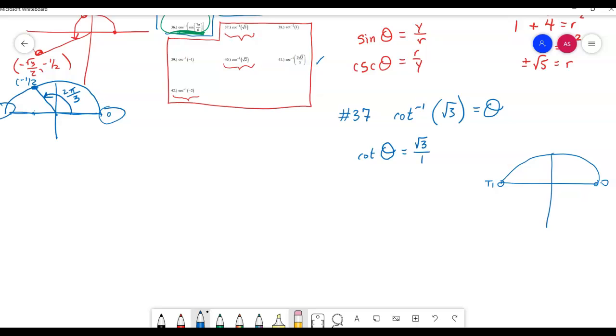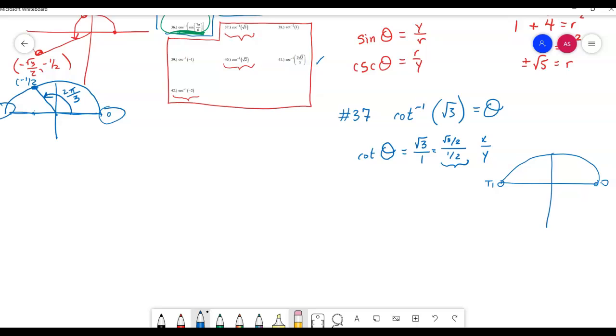And where did that come from at this point? I keep saying at this point only because we've done these a lot. We've seen for tangent and cotangent, every time our output of the original function is root 3, it comes from these coordinates. And cotangent by definition is x over y.